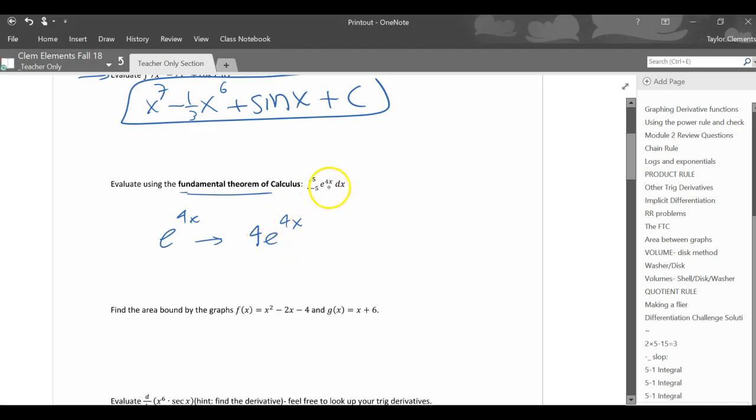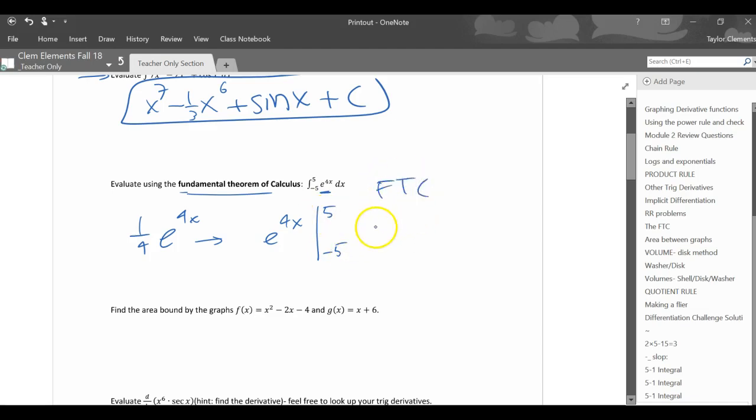Well, that 4 doesn't exist up here, so what I really need is a 1/4. If I derive 1/4 e to the 4x, I just get e to the 4x, which is what I started with. That's what I want. So that's my antiderivative, and we're integrating from negative 5 to 5.